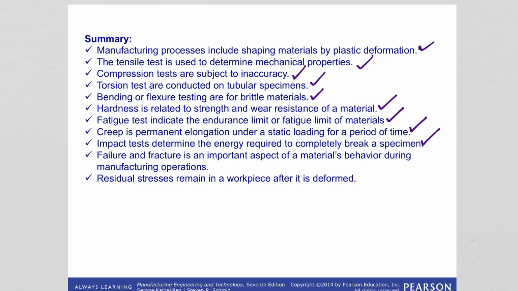And failure and fracture is important in manufacturing operations, and characterizing the fracture morphology is important in understanding why the material actually failed. And we need to understand that when we work on the sample and it is exposed to different temperature gradients, there can be residual stresses in the sample.